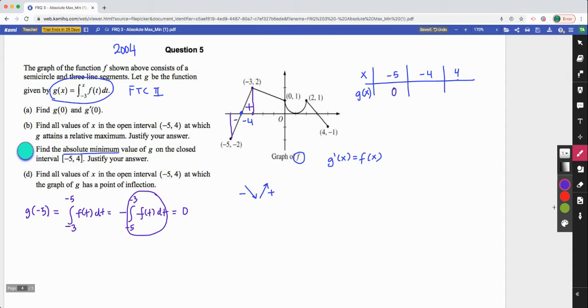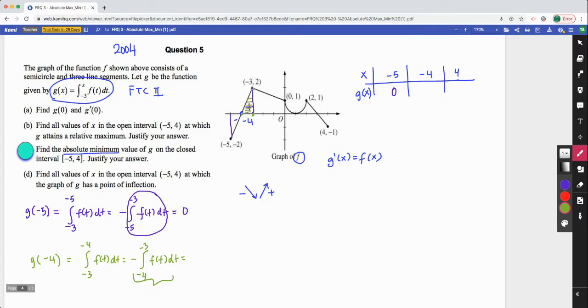Let's go ahead and figure out g of -4. So it'll be the integral from -3 to -4 of f of t dt. With the same logic, I'm going to do -4 to -3 of f of t dt. Let's go ahead and find the value of this. So -4 to -3 is right here.